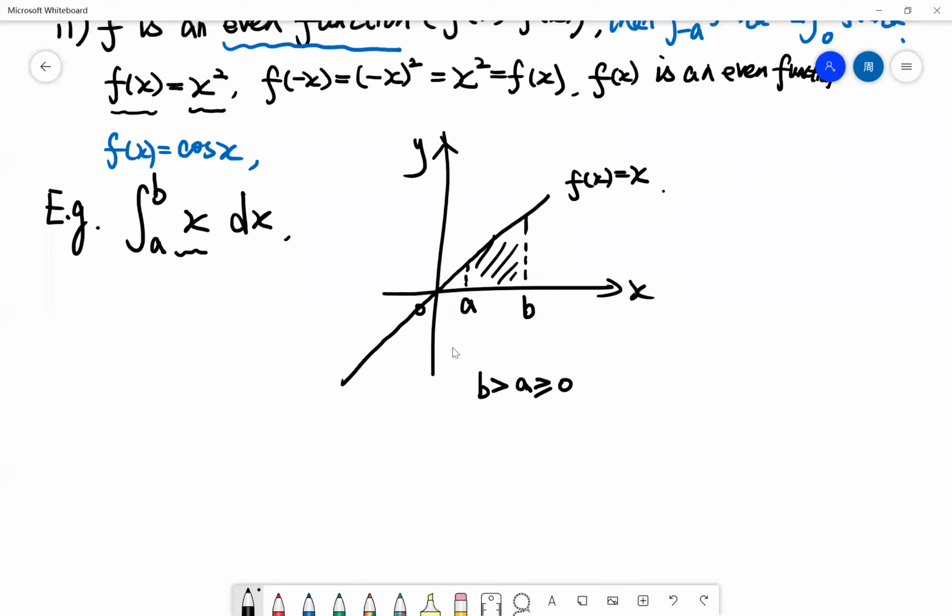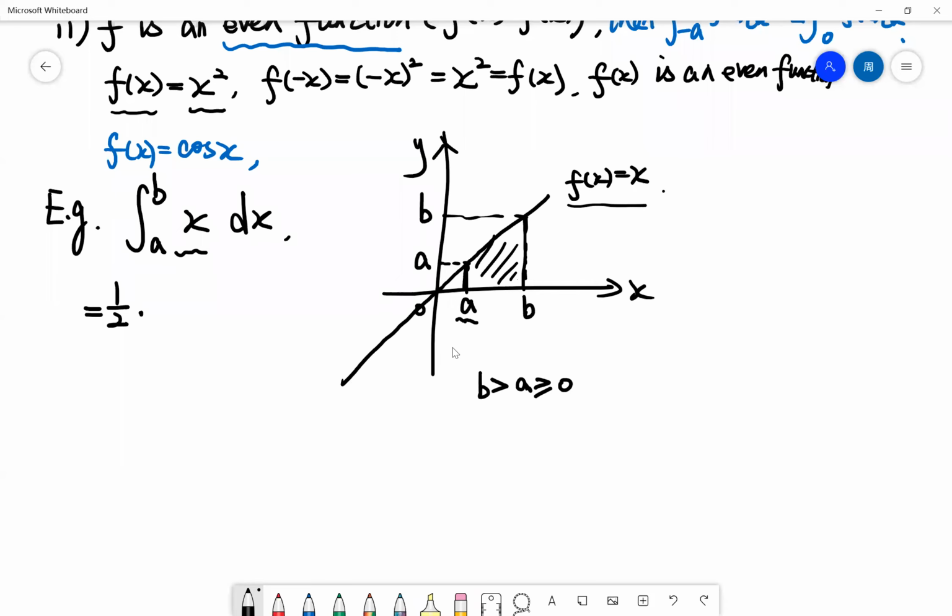And we know how to calculate this shadow region from the formula, right? So that will be half times the length of this one, that is f of a, right? Here we can substitute a into this function. So f of a is a. And here the length is f of b, right? So that is b.